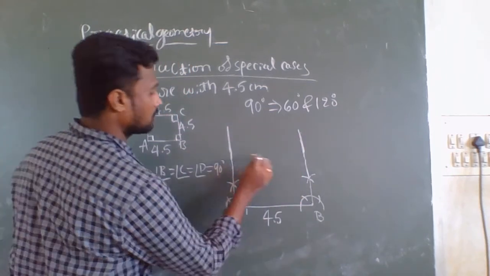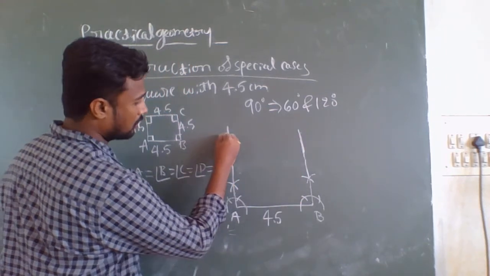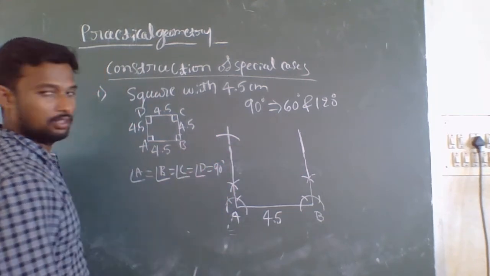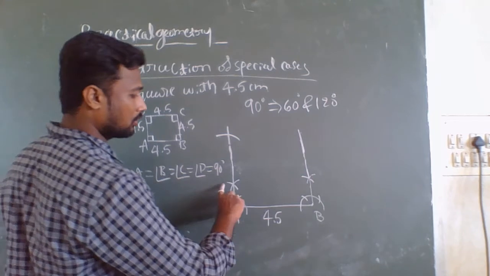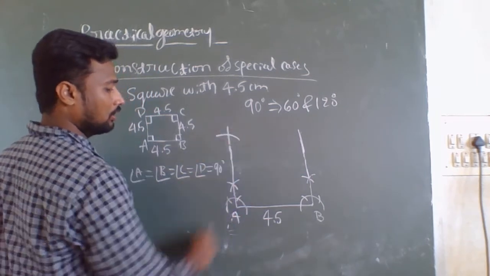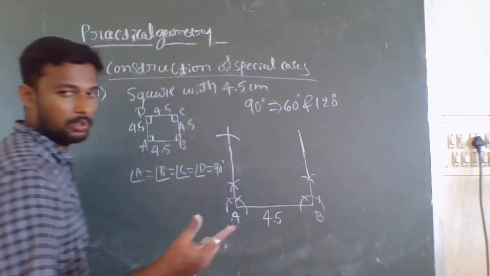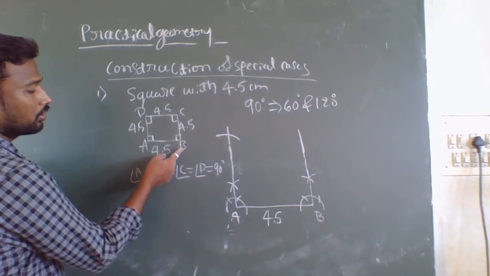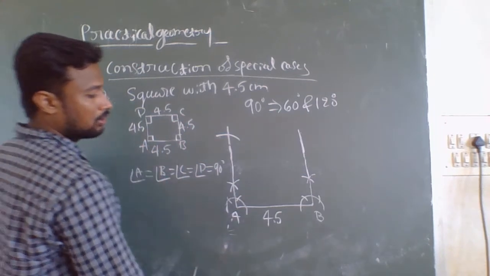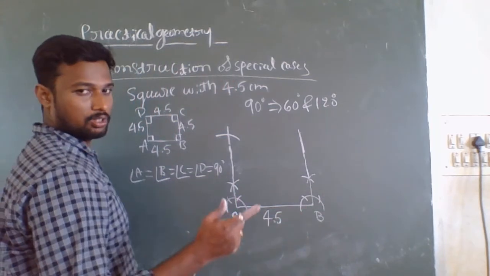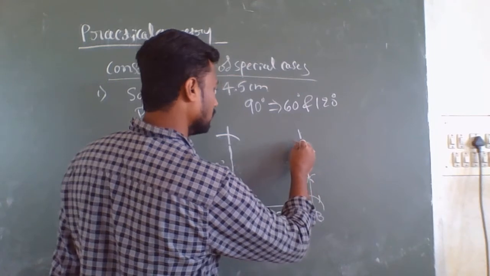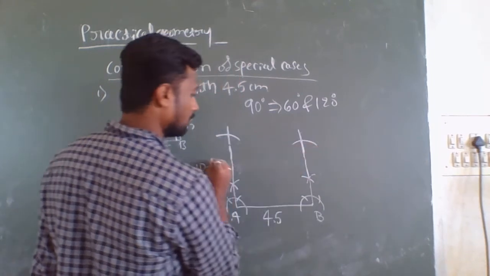Suppose for example consider this is 4.5 centimeter and draw an arc like this from point A. Take 4.5 centimeters, draw an arc on this line like this only by keeping the same distance, means 4.5 centimeters. C is 4.5 centimeters from B. Therefore, keep the same distance of the compass and place it on B and draw an arc which is of 4.5 centimeters.